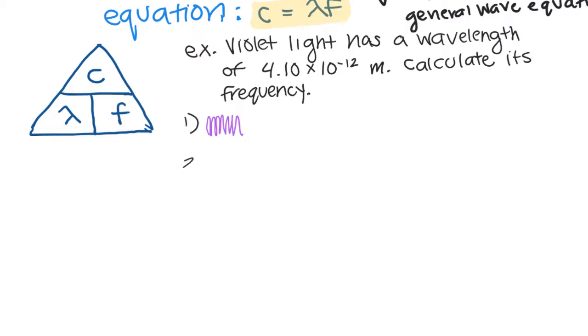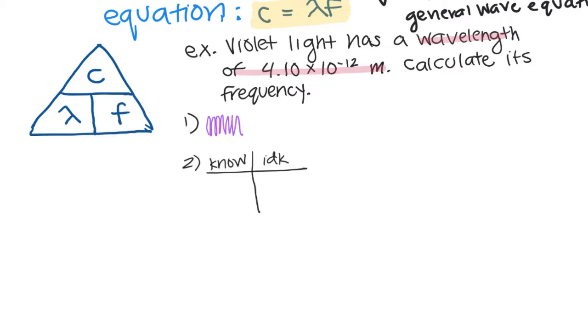Moving on to step number 2, we're going to write out what we know and what we don't know. Starting off with what we do know, we know that violet light has a wavelength of 4.1 times 10 to the negative 12th.